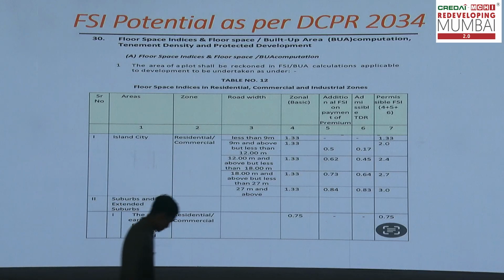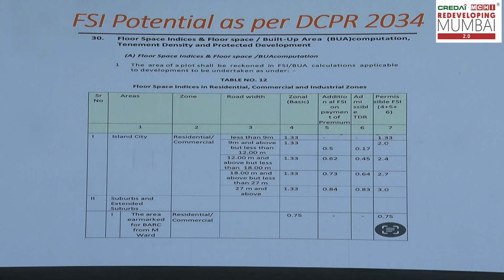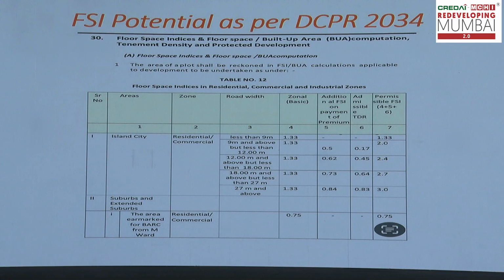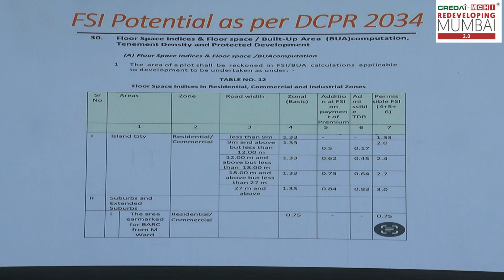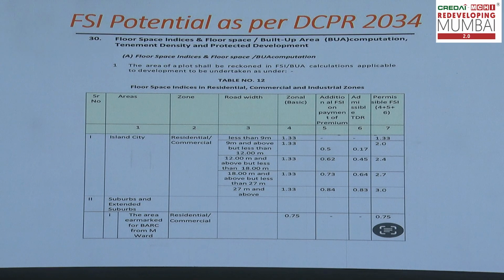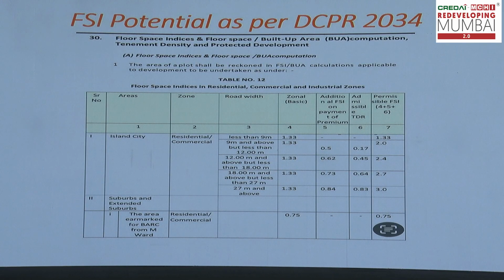Out of that, the permissible zonal FSI is fixed. In the city area it is 1.33 and in the suburb area it is 1. The premium FSI is 0.5 in suburb areas, and in city areas it is variable. The third component, TDR, is variable depending upon the road width of the access road to the plot. If the plot is accessible through a road of less than 9 meters, then only zonal FSI is permissible, with no premium FSI and no TDR.